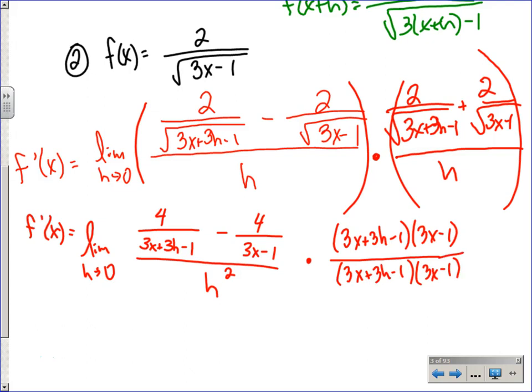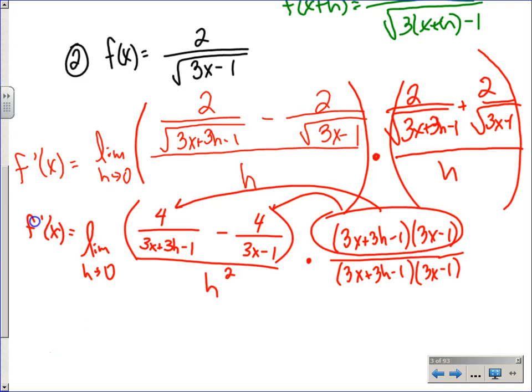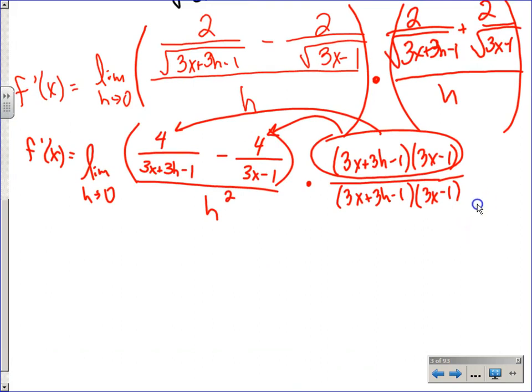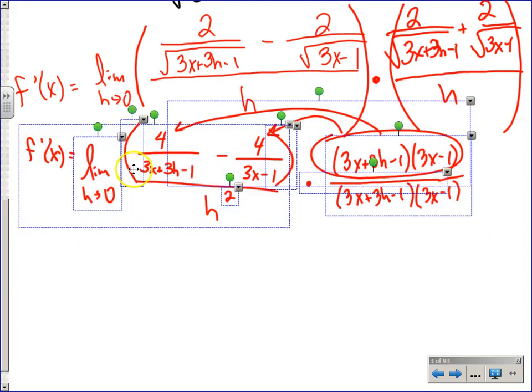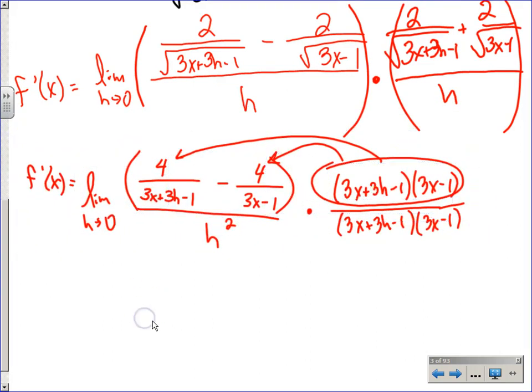Am I putting in parentheses to keep me honest? I have to take the whole thing to both. Did I lose anybody yet? Are we okay? If you're not, would you tell me?